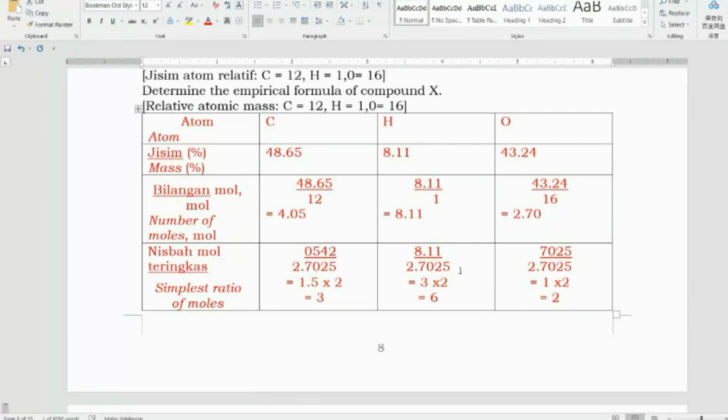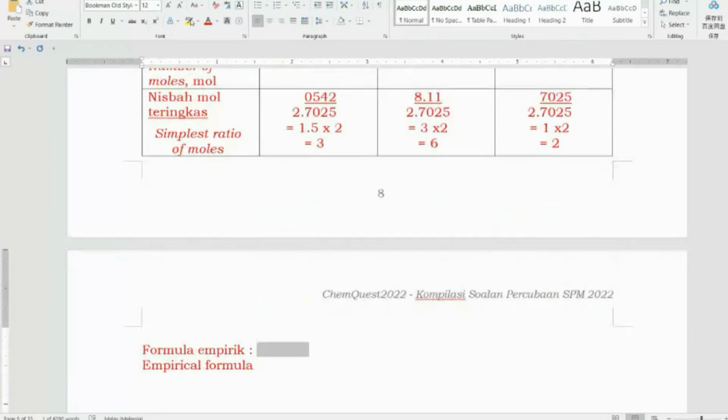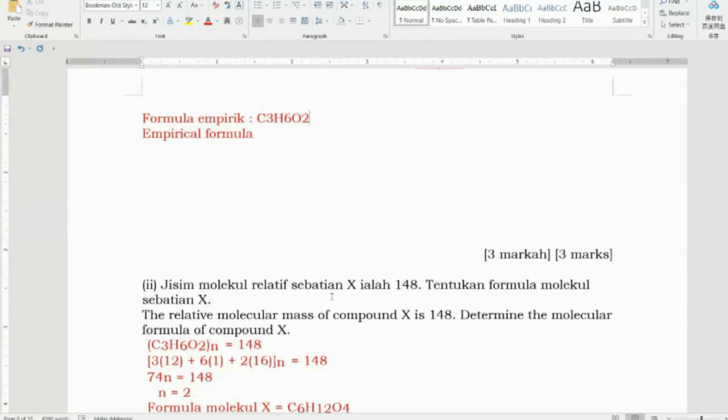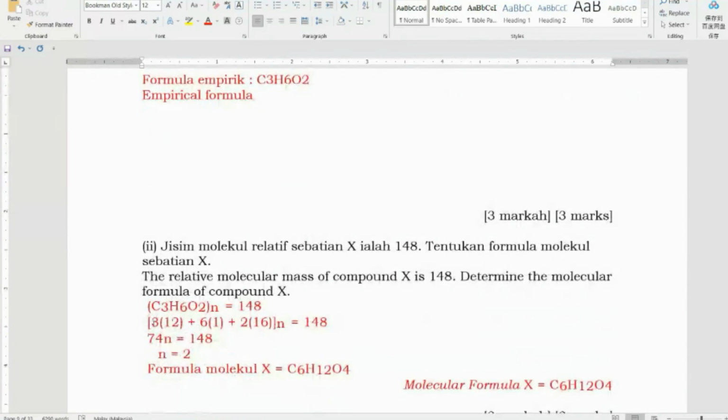Maybe your line not very good. C3, I think you are able to get it correct. C3H6O2. Okay.